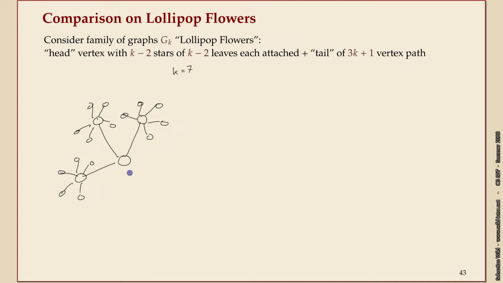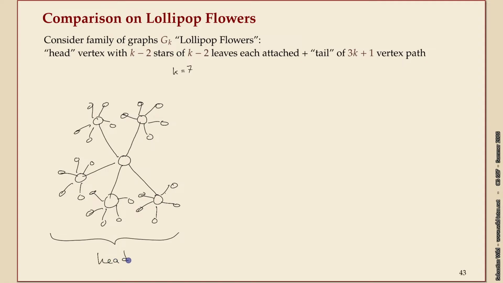I'm drawing the vertices with different sizes, but of course they're all just vertices. Nothing special about them. That's the head. All right, so k minus 2: 1, 2, 3, 4, 5 of these added stars, and each star has k minus 1 leaves, 5 again.